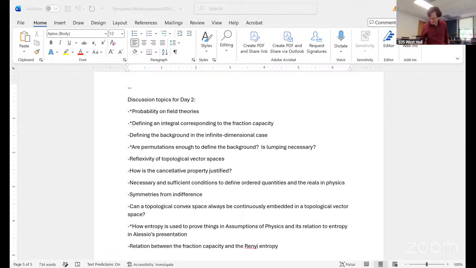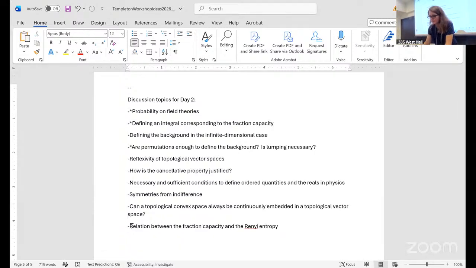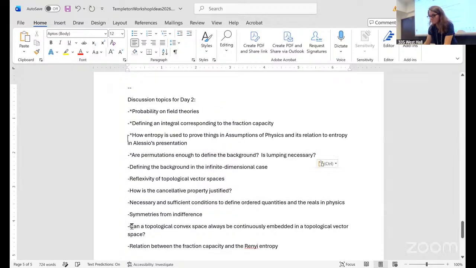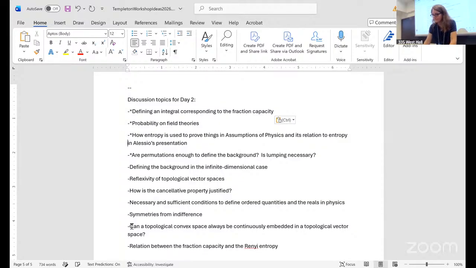So the stars have already been discussed. Yes. I can reorder if that's helpful to put everything together that we've already discussed. Symmetries from a difference we already discussed as well. That's true.